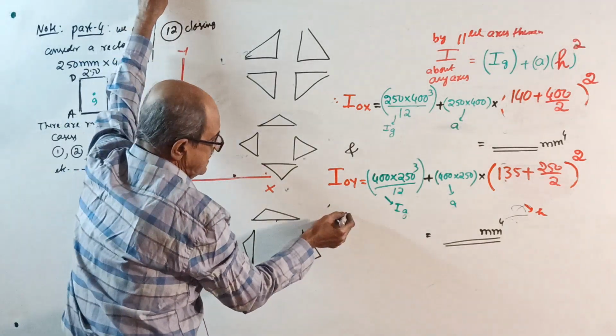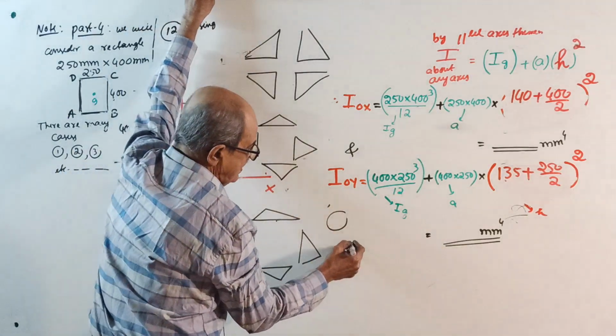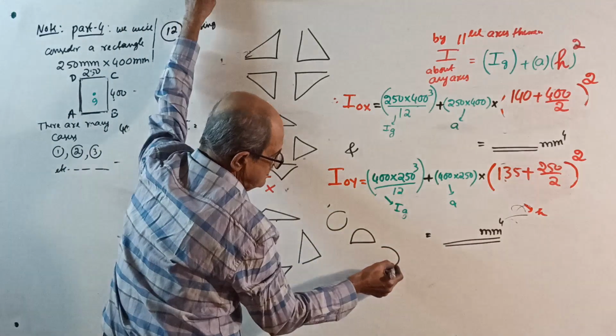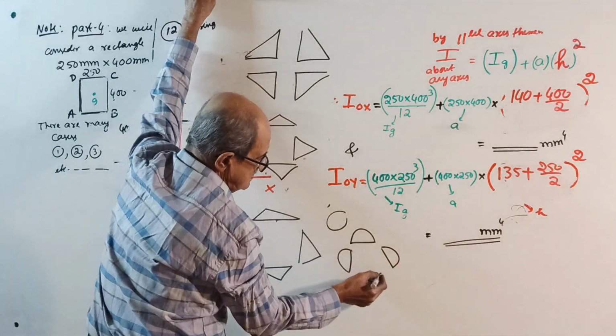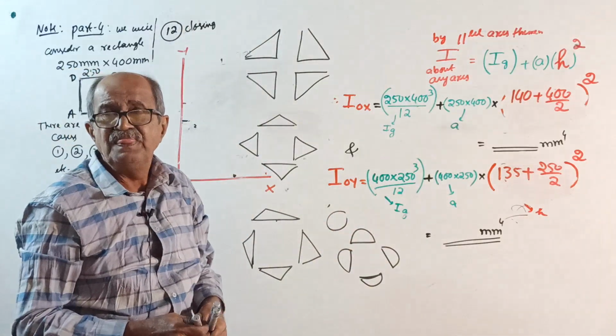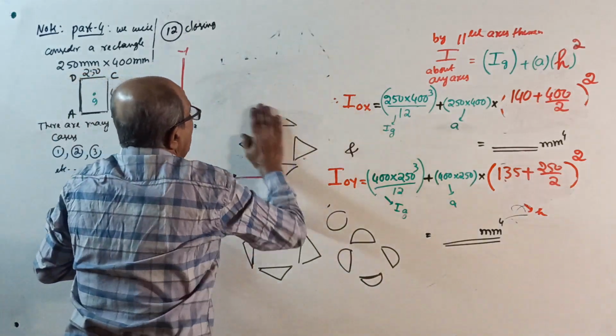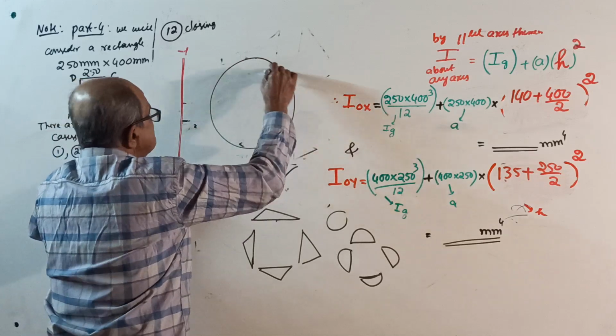Then circle. Then four times what? Semicircle. Same way, four times quadrant. All that I will finish in a single class, because for all the questions, I will place the shape somewhere here.